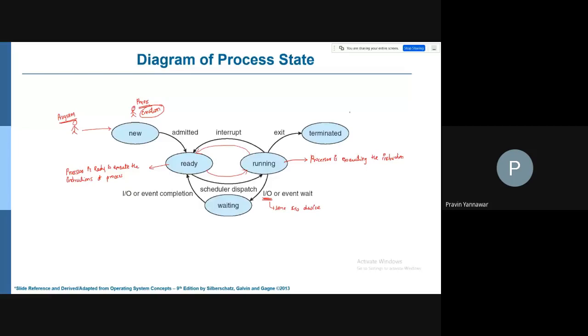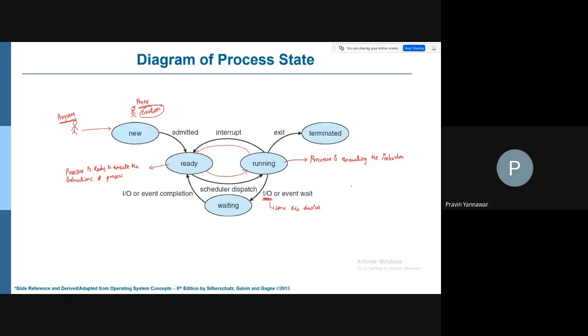Say you are at the very last instruction. If you execute this last instruction, the process has to be shifted from running to terminated, or completed.